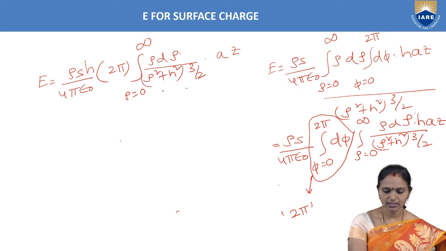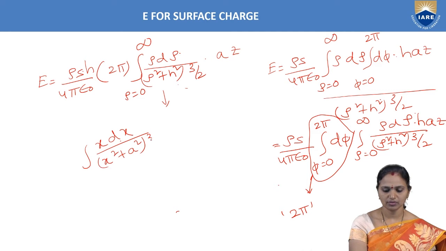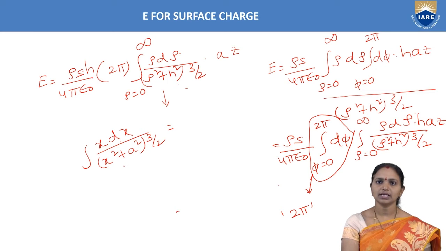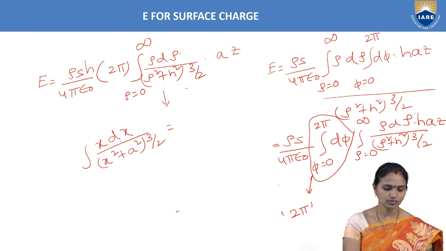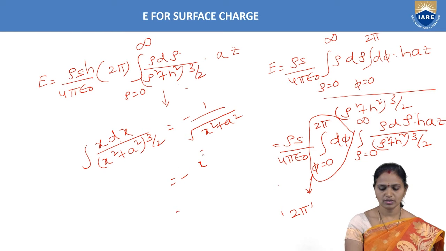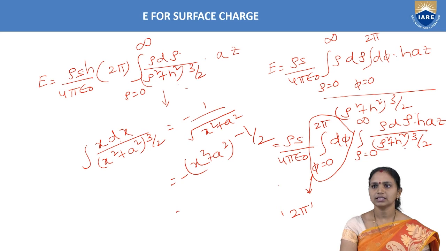So now if you take this integration, it looks like integral x dx divided by x square plus a square whole to the power of 3 by 2. For such an integral, the resultant value is minus 1 by square root of x square plus a square, or minus x square plus a square whole to the power of minus 1 by 2, where x is nothing but rho and a is nothing but h.